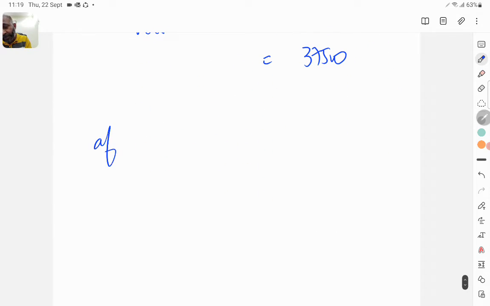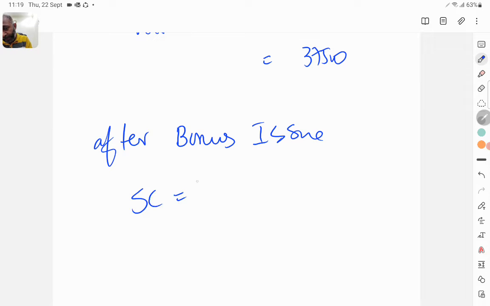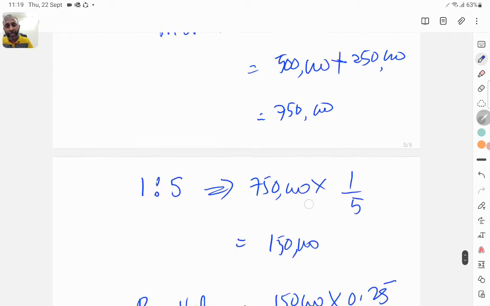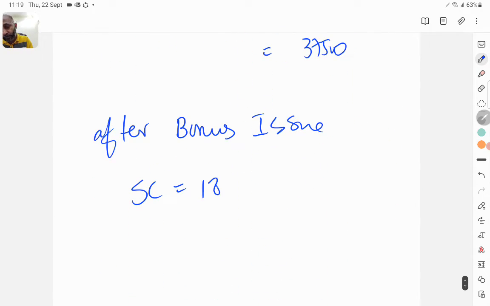Now after the bonus issue, share capital will be 187,500 plus 37,500, 225,000.